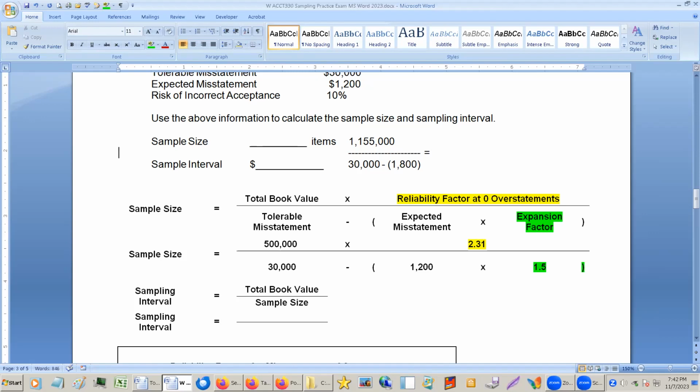So this is divided by 30,000 minus 1,800, which is 28,200.